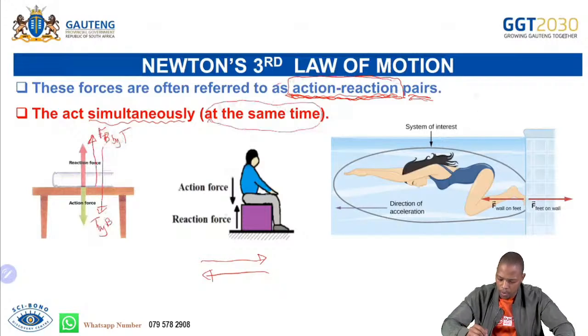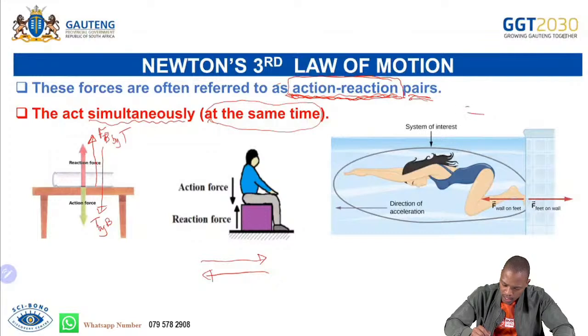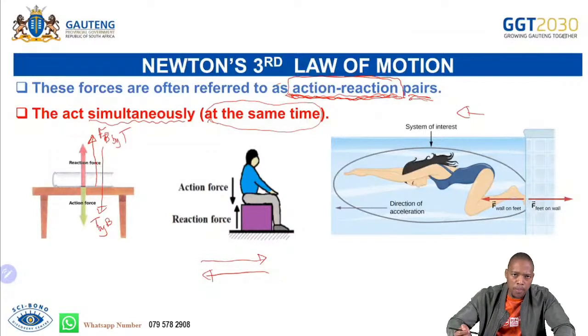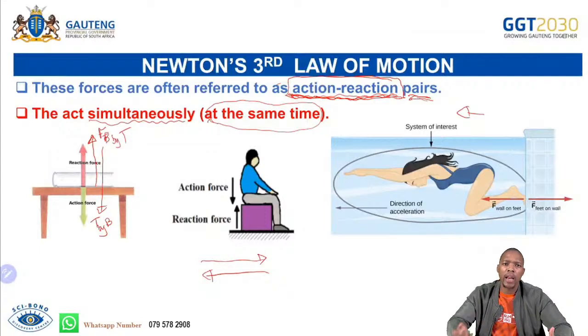Here's another example of a girl in a swimming pool, right? She wants to accelerate herself. She wants to move in this direction. It's difficult for her to just simply start moving in this direction at a higher speed or whatever she wants. So what she decides to do is put her feet against the what?